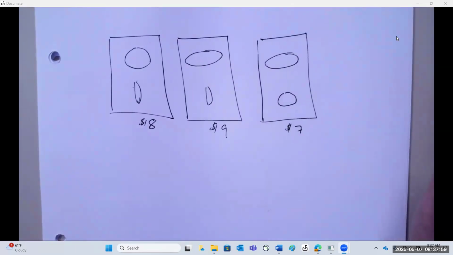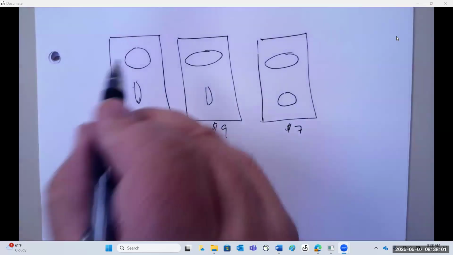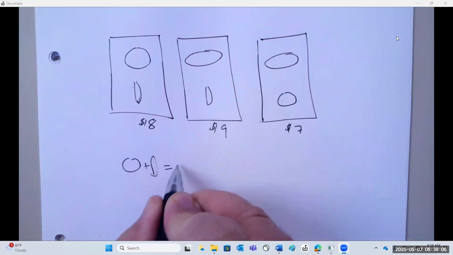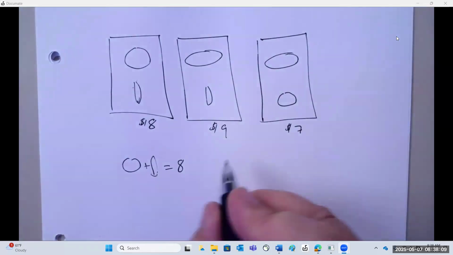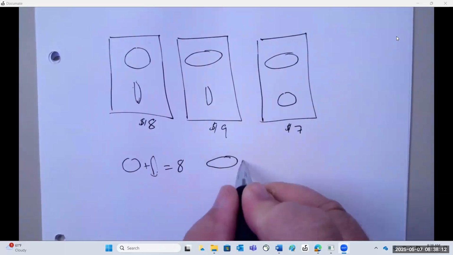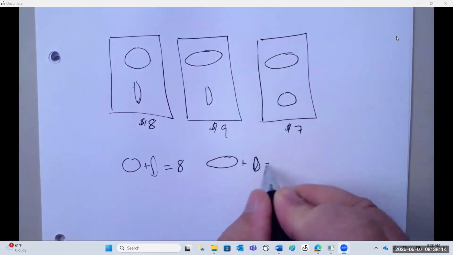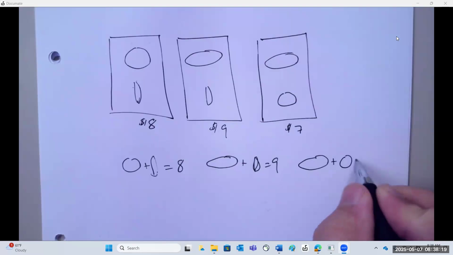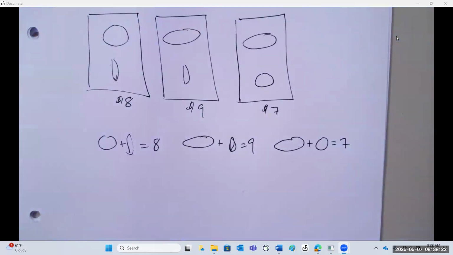So how do we figure this out? Well, we know that the circle plus the flower equals $8. We know the watermelon plus the flower equals $9. And then we also know that the watermelon plus the circle equals $7. You have to figure out the cost of each one.